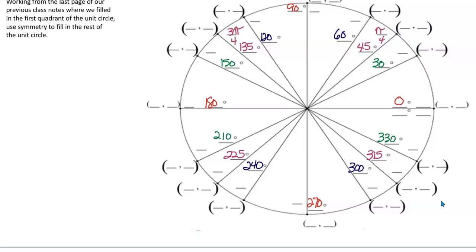See how they're all odd numerators? Then down here, we have 5 pi over 4. And lastly, we have 7 pi over 4. Okay, so they follow their own pattern. It's all odd. Pi over 4 is really 1 pi over 4, so you've got 1, 3, 5, and 7.